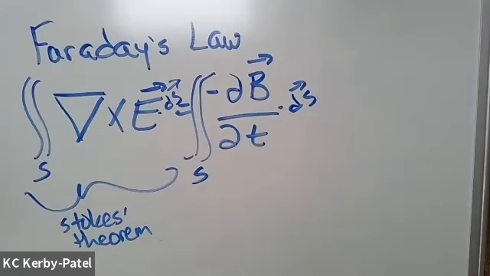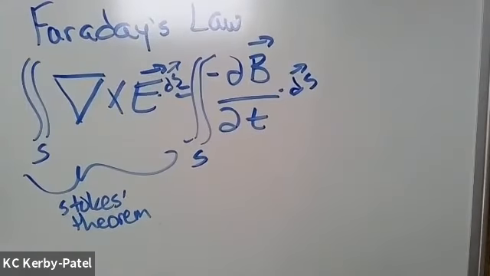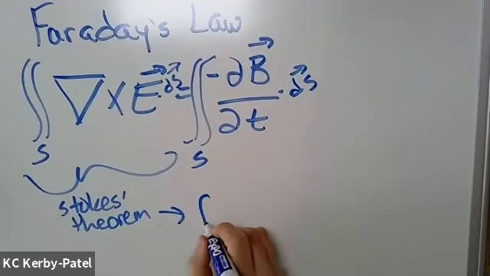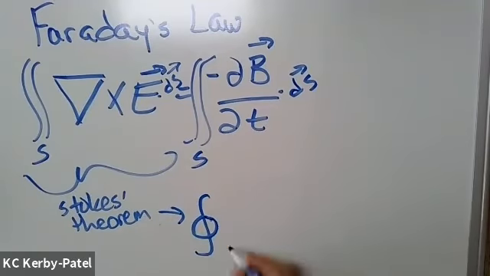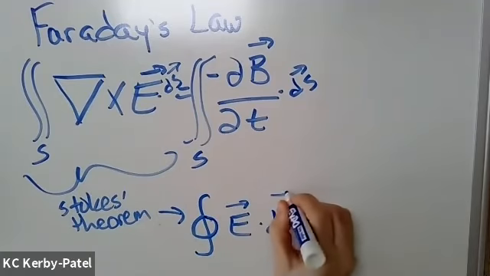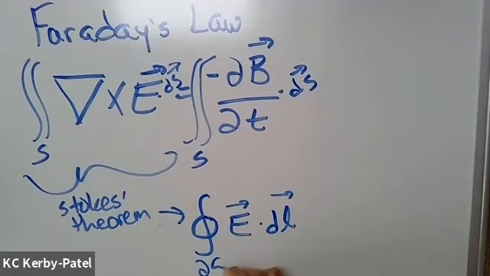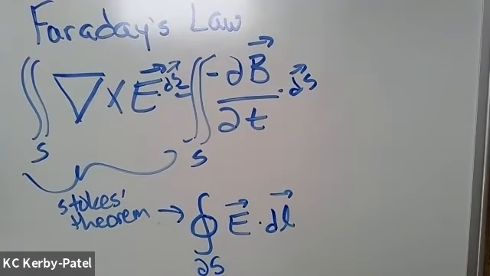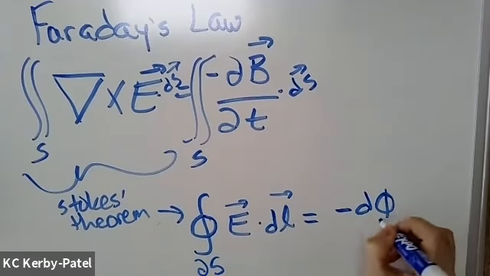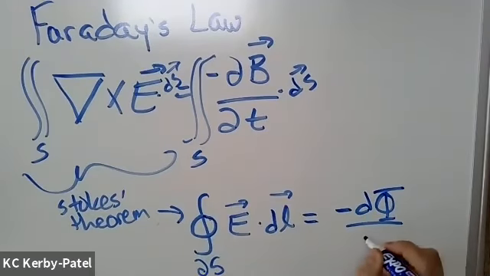And when I do that, the result is that the line integral of the electric field around the boundary of that surface, a closed path, is equal to minus the time derivative of the magnetic flux through the surface.